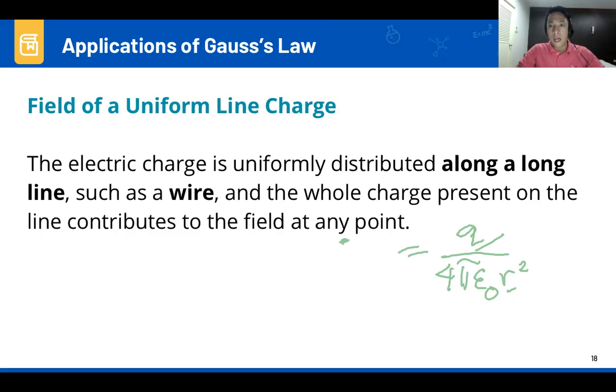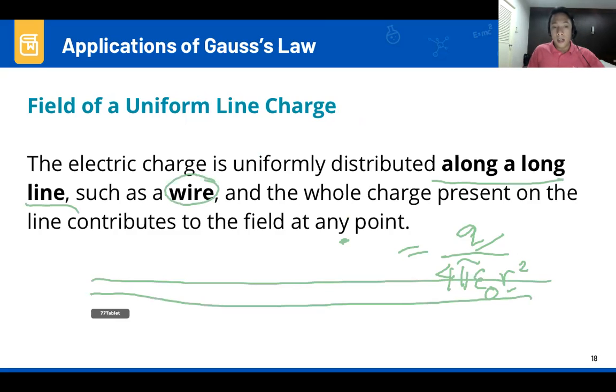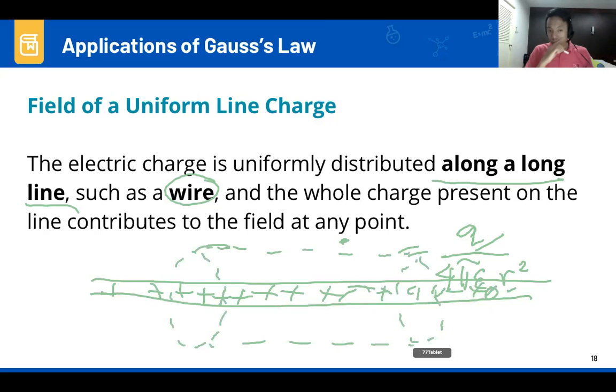Okay, that is for a sphere. Field of a uniform line charge. If we have a long line such as a wire, and we have charges here, we have protons, we can calculate the electric field passing through that using the cylinder. Okay? So, paano gagamitin yan?